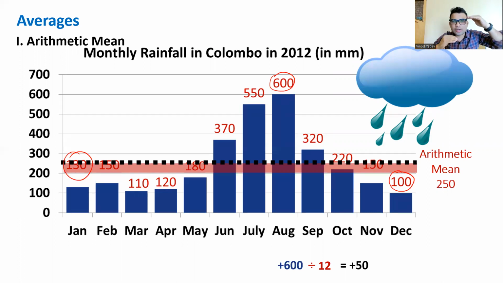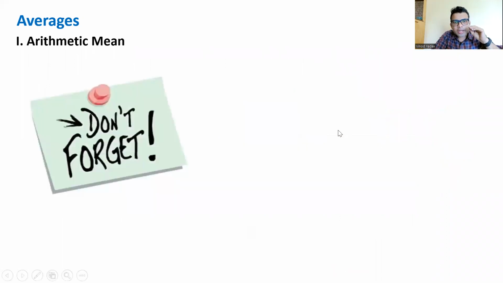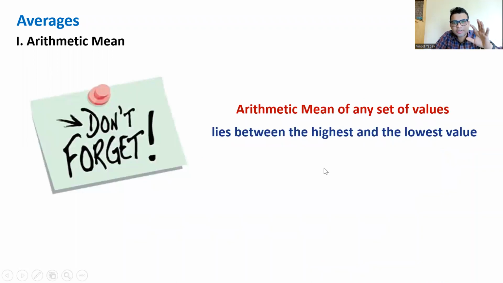Higher values tend to lose, and that excess is provided to lower values to come to some level. It means that the uniform level will lie somewhere in between the highest and the lowest. So remember that the average of any set of values will always lie between the highest and the lowest values.